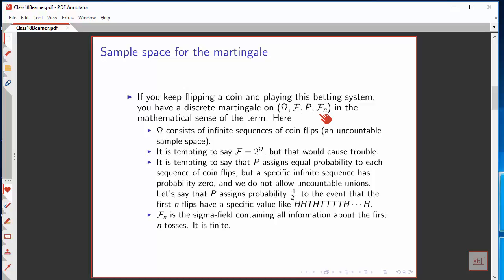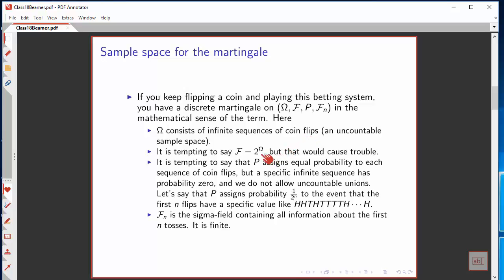So think about this roulette martingale. The sample space consists of infinite sequences of coin flips. No guarantee that you will have achieved your goal after a finite number of spins of the roulette wheel or flips of a coin. And the infinite sequences over any set always form an uncountable sample space. That's a bit of a problem.